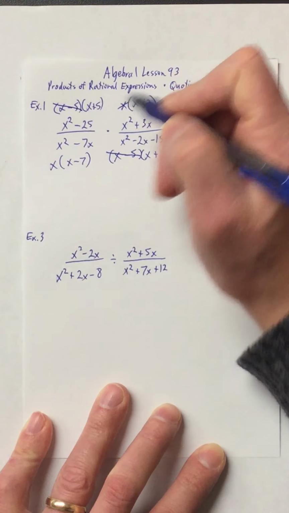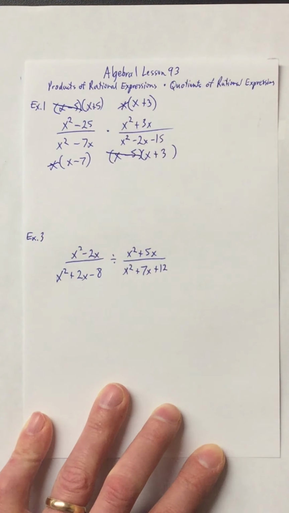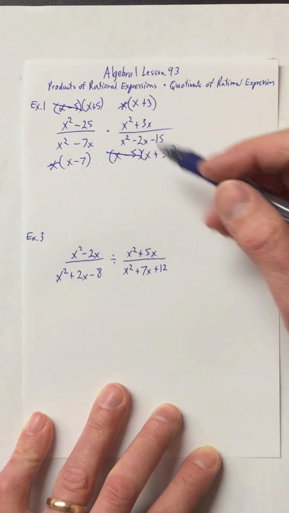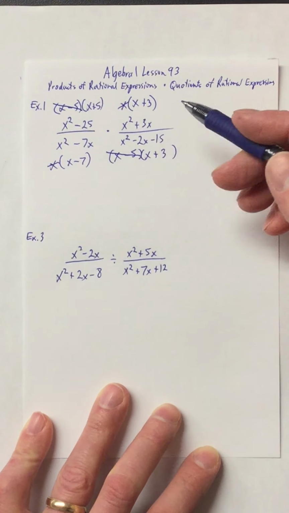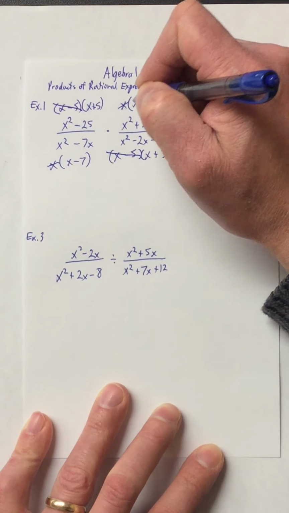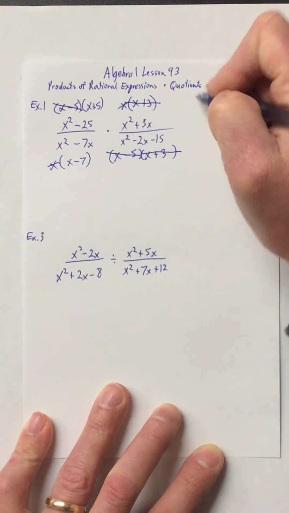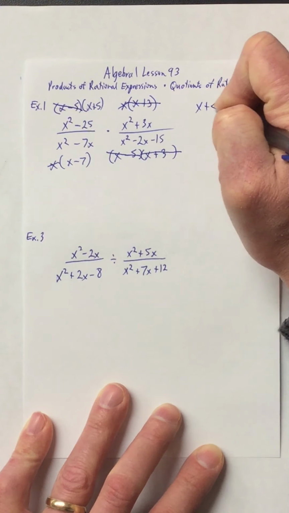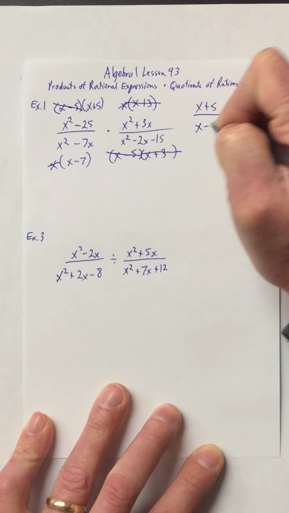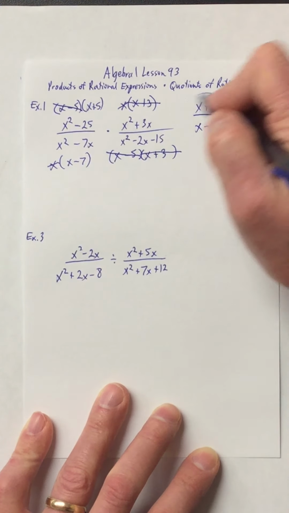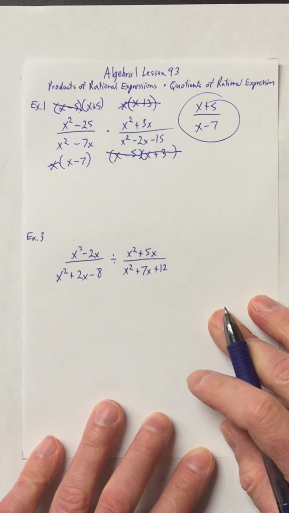We have an x here and an x here, all connected by multiplication on top and bottom, and division there, so those cancel out. And then we have an x plus 3 and an x plus 3. Those cancel each other out. We are left with an answer of x plus 5 over x minus 7.